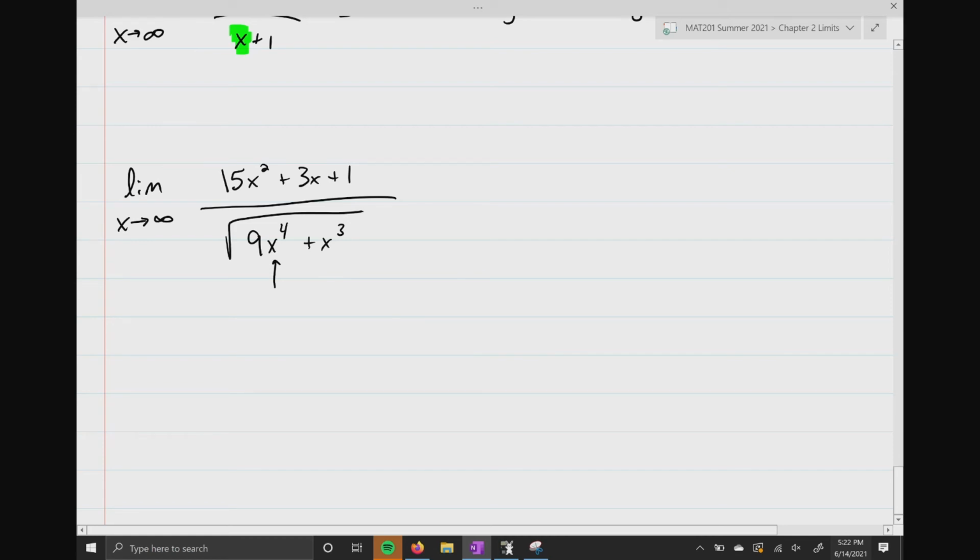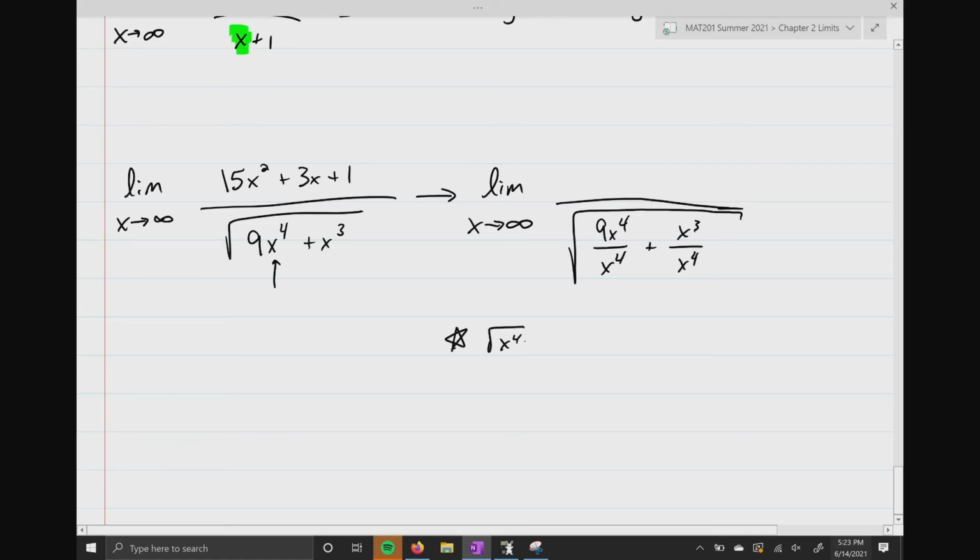However, since that is contained inside of the square root, we need to be careful about what we divide everything by. So what I'm going to do is this. Inside the radical, I'm going to divide everything by x to the fourth. However, outside of the radical, I'm going to divide everything by that little simplification that I just made. The square root of x to the fourth is x squared.